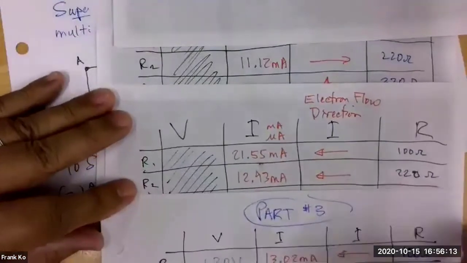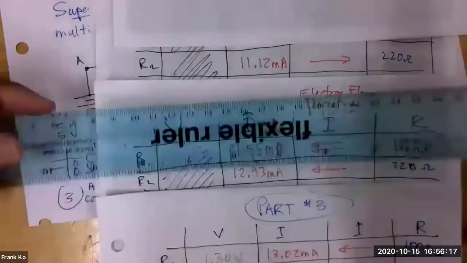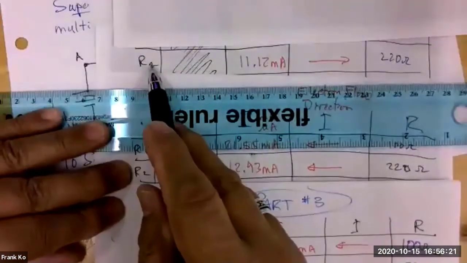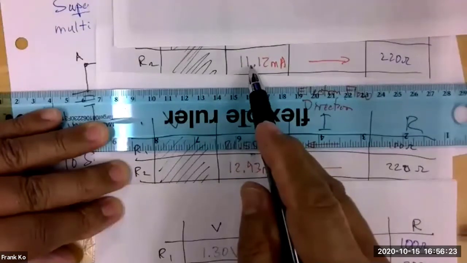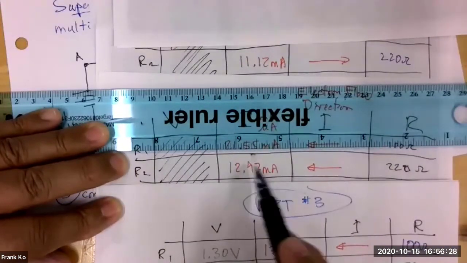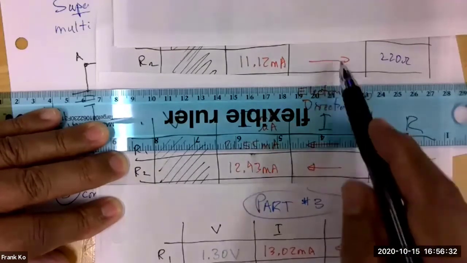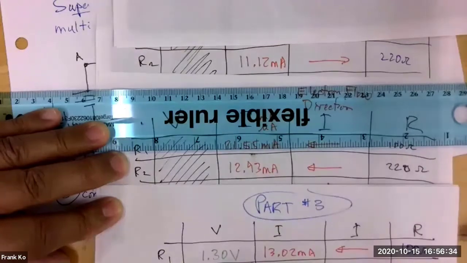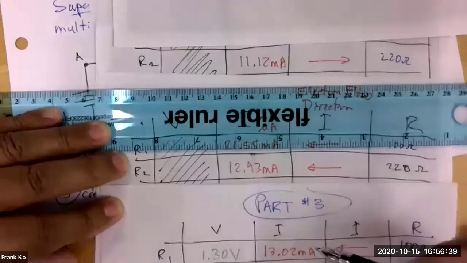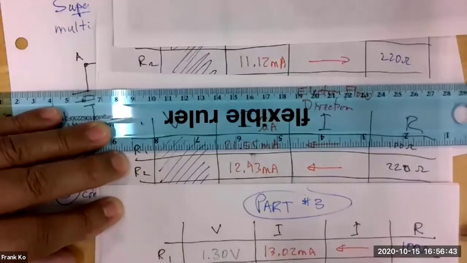Do I have an R2 with an amount and a direction? Are these currents moving in the same direction? Yes or no? They are not. So that means only one of these can be the final current. Which one of these must be the final current? Yusuf?